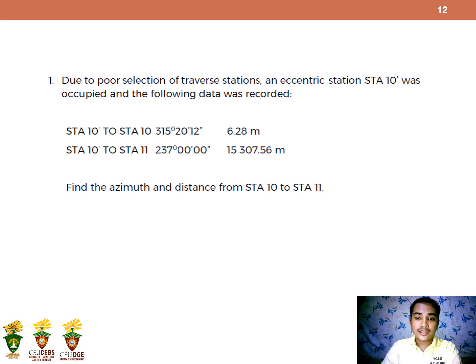Another data was station 10 prime to station 11, which has an azimuth of 237 degrees and a distance of 15,307.56 meters. So the question is, find the azimuth and the distance from station 10 to 11. So we are looking for station 10 to 11.